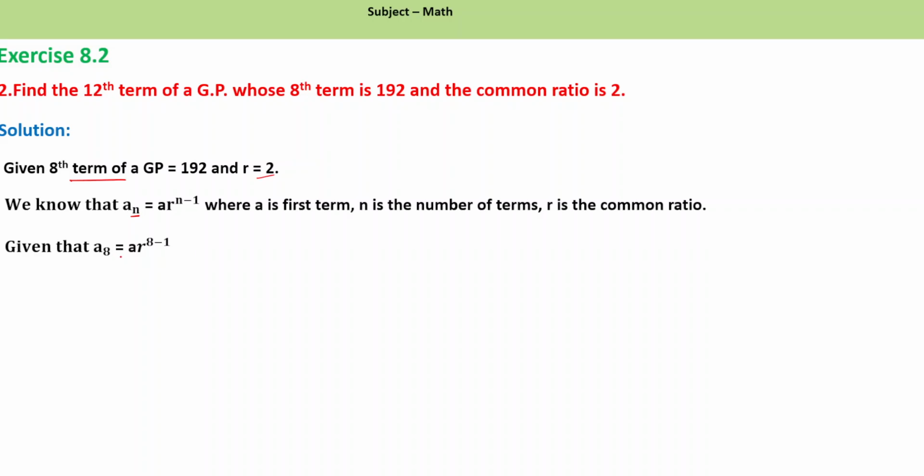So A8 = A × R^(8-1), that is 192 = A × 2^7, since R is 2.